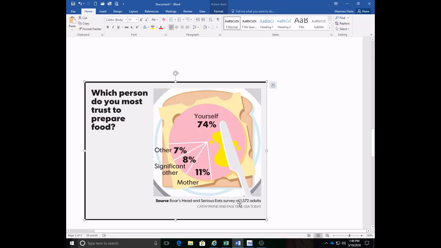They surveyed 1,572 adults. So this would be my sample. Who does this data apply to? That would be my entire population. Well, in general, it would be the entire group of adults that eat, right? Which person do you most trust to prepare your food? So everyone that's eating is having their food prepared, and therefore that would be my population, all adults that eat. And my sample would be the 1,572 adults they ask this question to.